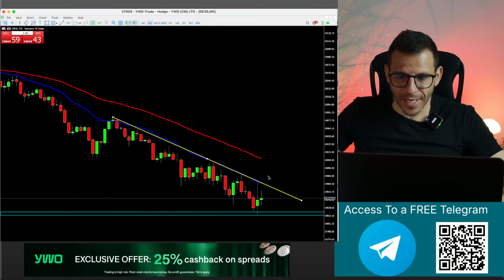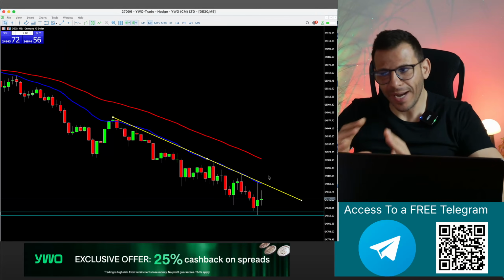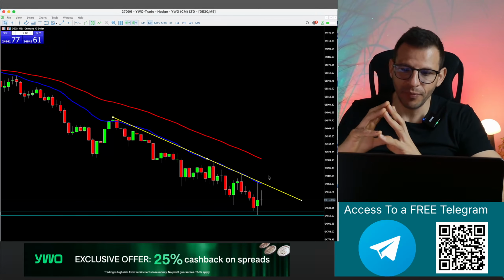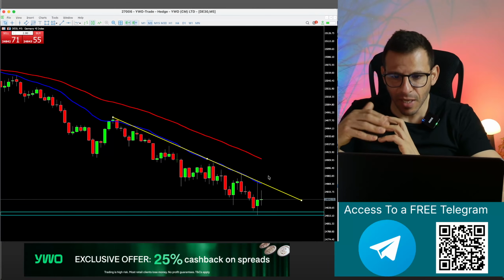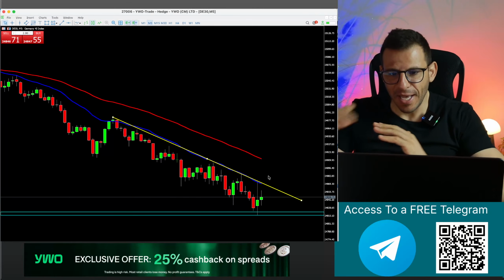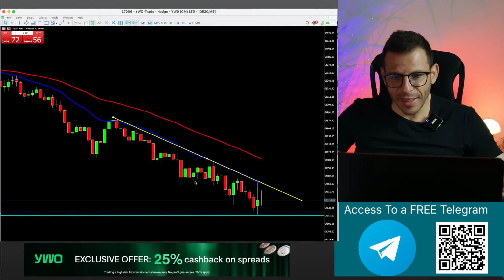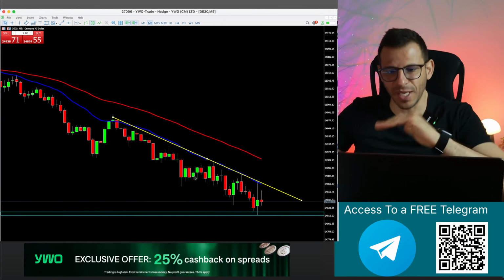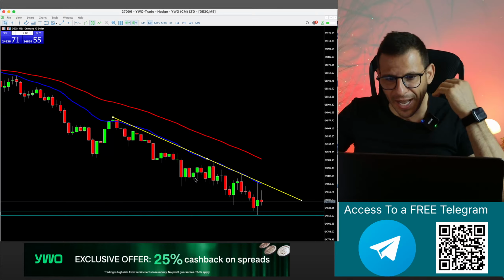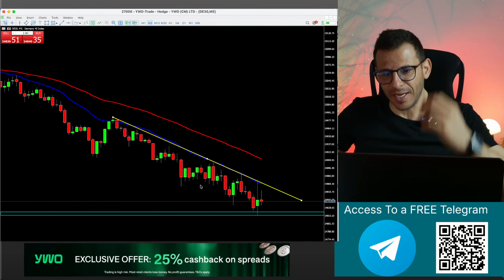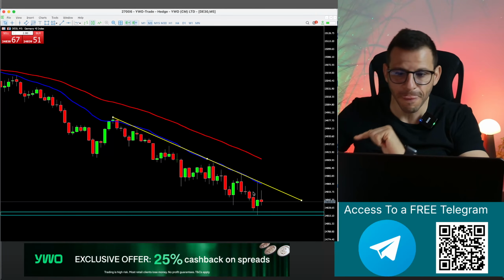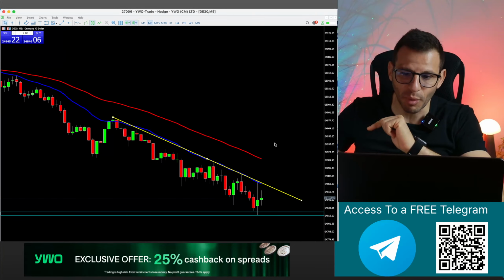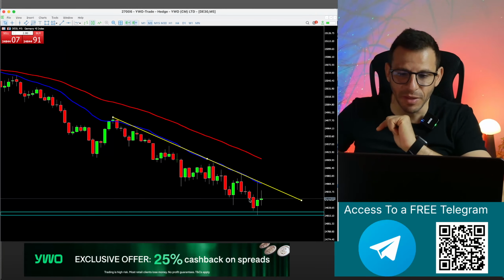If we break above this trend line here, it means the harmonic sequence of the sellers is not continuing. Therefore, we will likely see the price moving a bit further up.